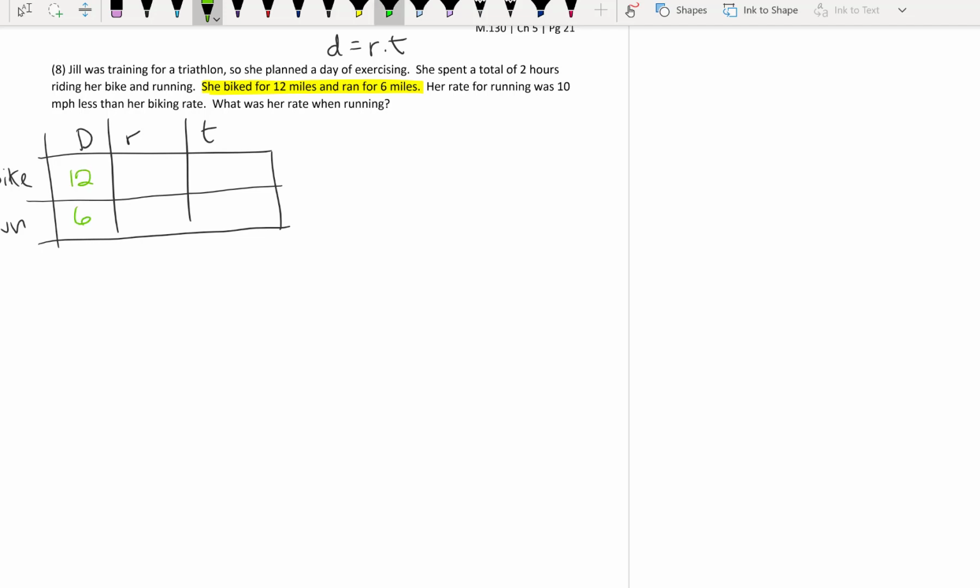The next piece of information, it says that her rate for running was less than her biking. Well, how much less? 10 miles per hour less. So her biking rate, I don't know how much that is, but her running was going to be 10 miles per hour less than her biking, okay?